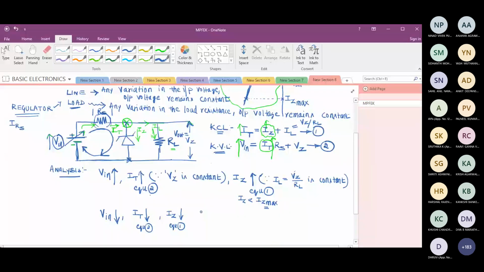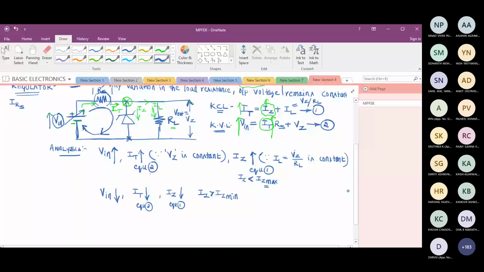So when V in rises, ensure that IZ is less than IZ max. When V in reduces, ensure that IZ should be greater than IZ minimum. So if I ensure this, for any variation in the input, will I get V out equal to VZ when we design the circuit? Yes, sir.